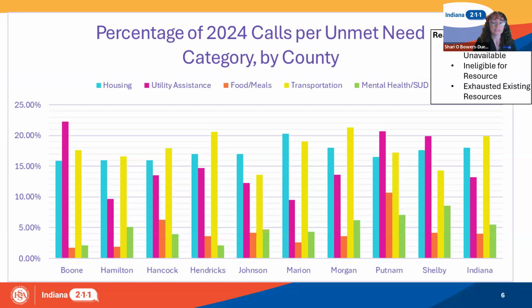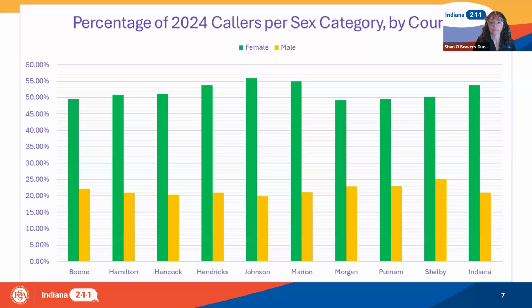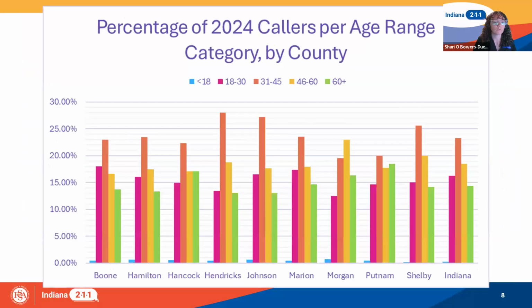So if you missed any data that you were wanting to jot down, you can always reach out to us later if you would like the data from these specific slides that I shared, but you can also visit that dashboard that we'll talk about as well. All right, so I think we're ready to move on now, right, Jill? Yes, ma'am. Okay, thank you very much.